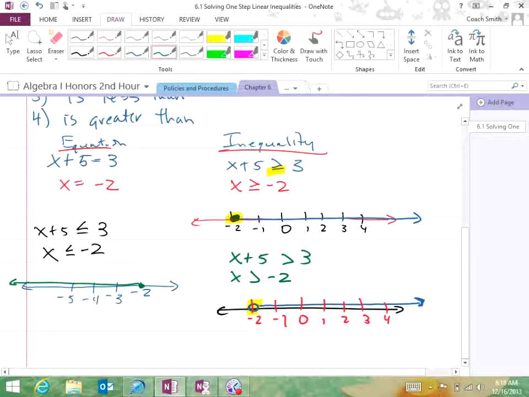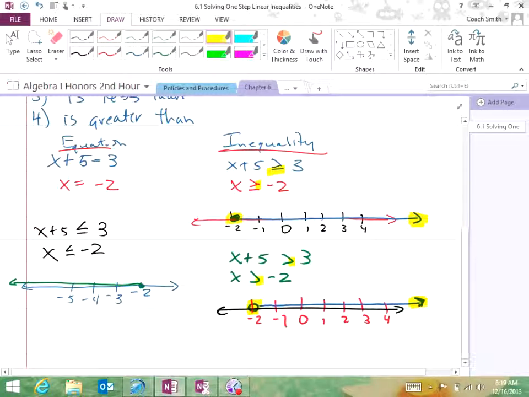Since it points to the left, less than, then the arrow goes to the left on our graph of the solution. You will notice up here that my arrow was pointing to the right, so therefore my arrow here is pointing to the right. That's one way you can tell: whichever way the less than or greater than sign is pointing, that's the way you do it.